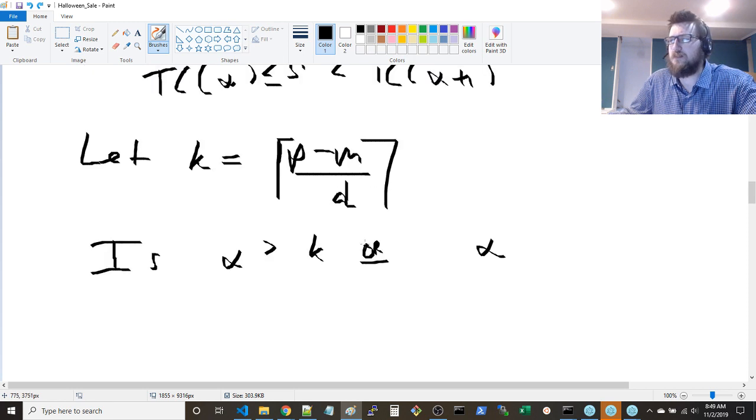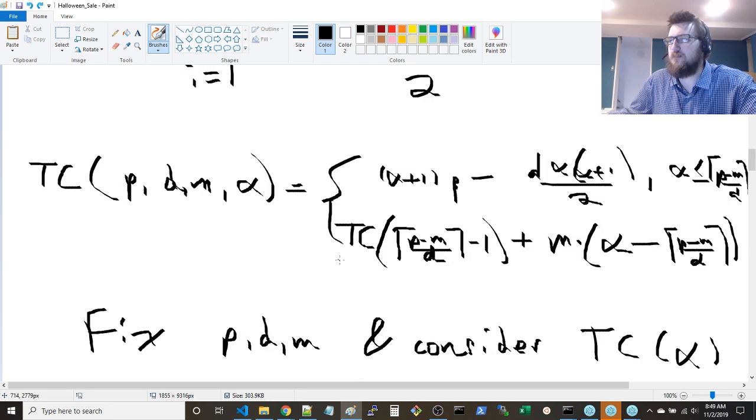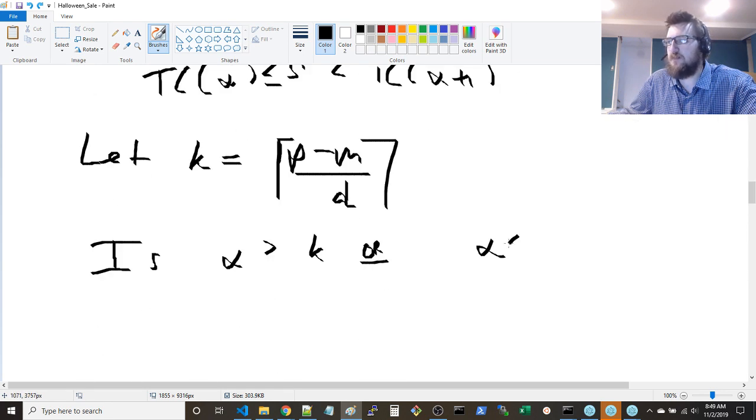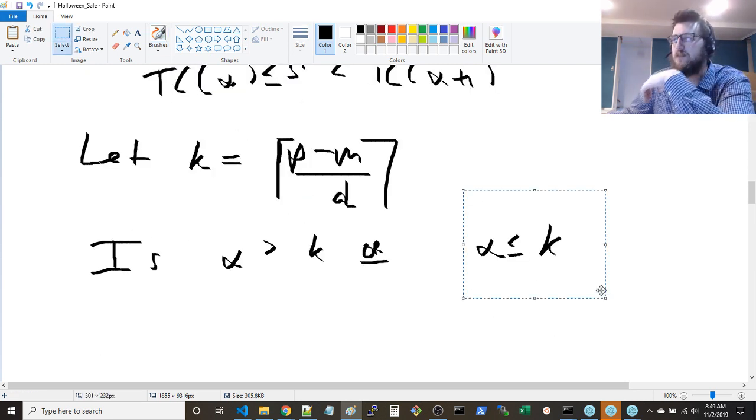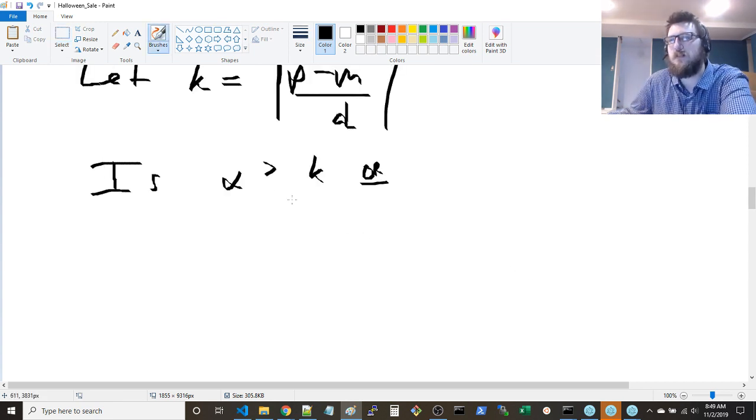So anyway, are we greater than k or less than or equal to k? This alpha matters a lot. Actually, we can split this into 3 cases. Alpha equals k, or alpha is greater than k.